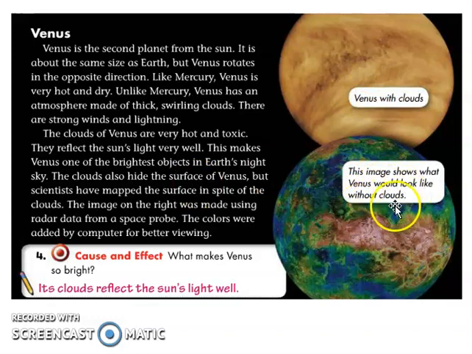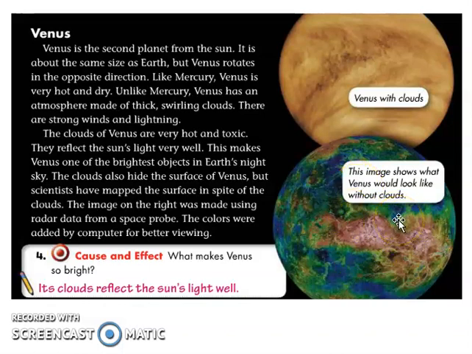This image shows what Venus would look like without the clouds. Okay, Venus with clouds and Venus without the clouds. That's why they call it the twin sister of Earth. They almost have the same size. When you take off the clouds of Venus, it looks like this one. So it looks like Earth, right?